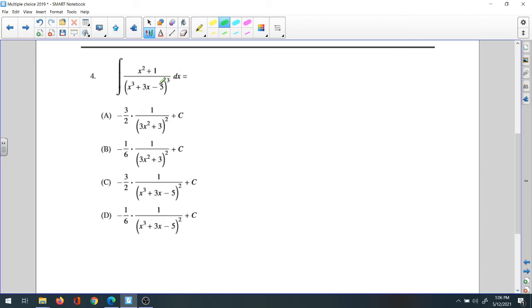So first, we're going to use a value for x to the third plus 3x minus 5. We're going to highlight it in yellow here. And then we'll have to come up with something for x squared plus 1 dx. Let's do it. So I have green here. We start with x to the third plus 3x minus 5 equal to u.